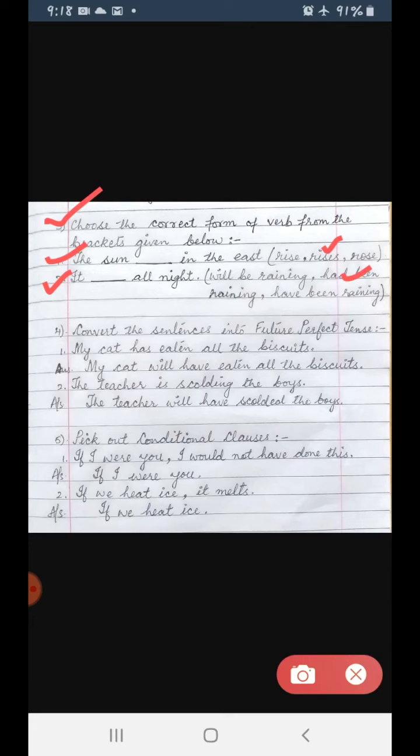Now number 4. Convert the sentences into future perfect tense. Okay, so here you have to know the structure of future perfect tense. So what is the structure of future perfect tense?